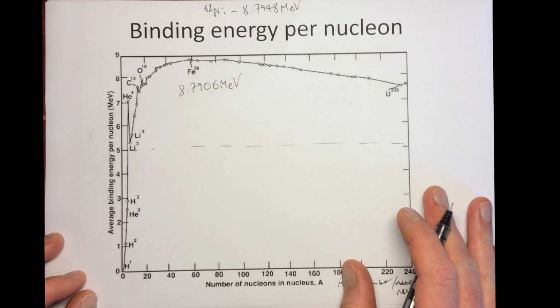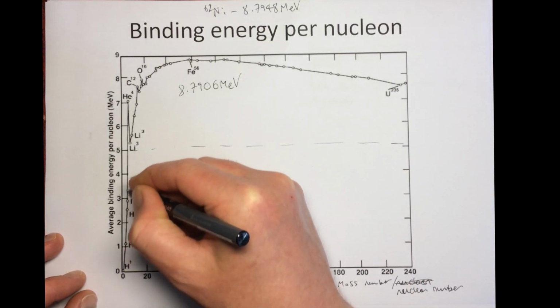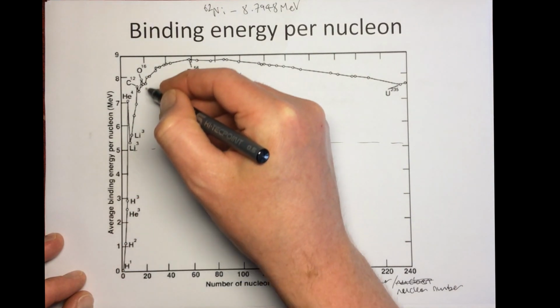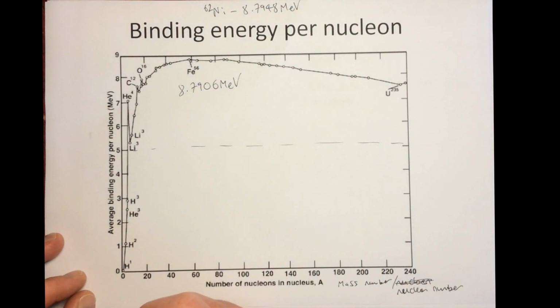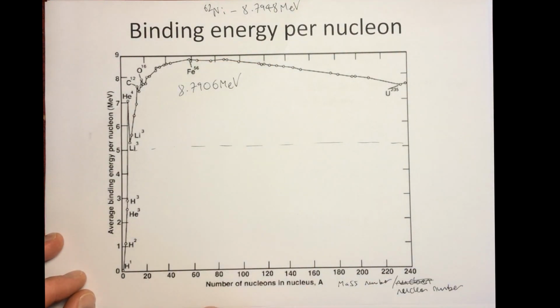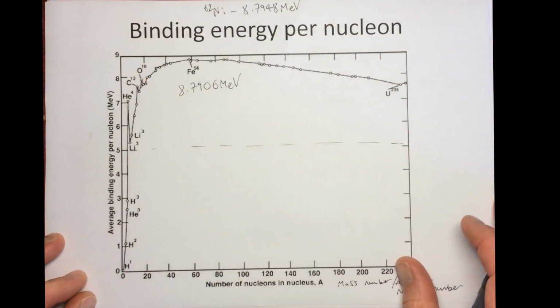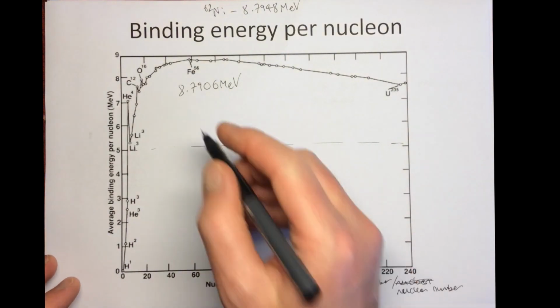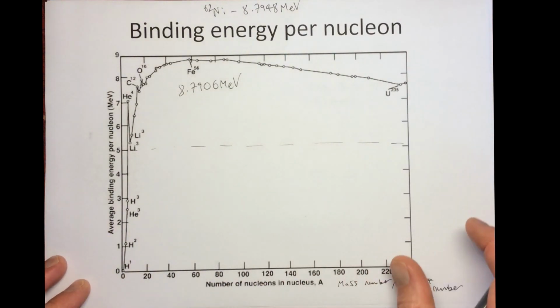Well, it's pretty clear why the binding energy per nucleon increases as we get more nucleons. The more nucleons there are, the greater the effect of the strong force overall, and therefore the more tightly bound these nucleons are. The question is, why does the binding energy per nucleon decrease beyond iron?